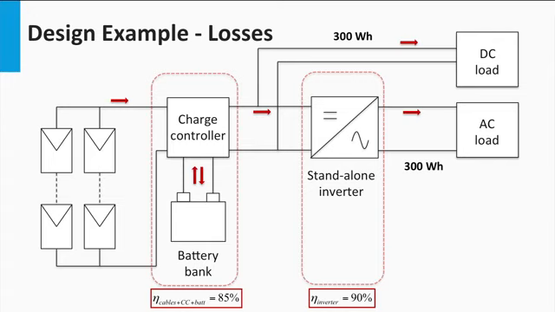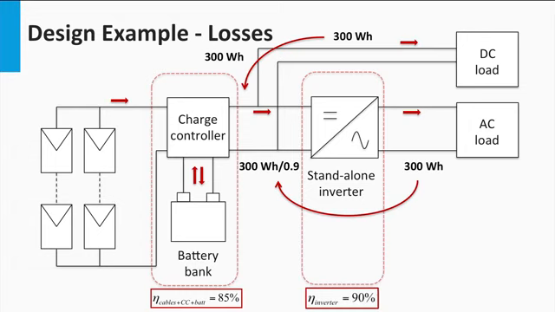First, we have the DC and AC load energy required. Now, we must transpose these energy needs to the input of the inverter. The DC load energy remains unchanged, while the AC load energy is changed into the equivalent DC load energy based on the inverter efficiency as shown.